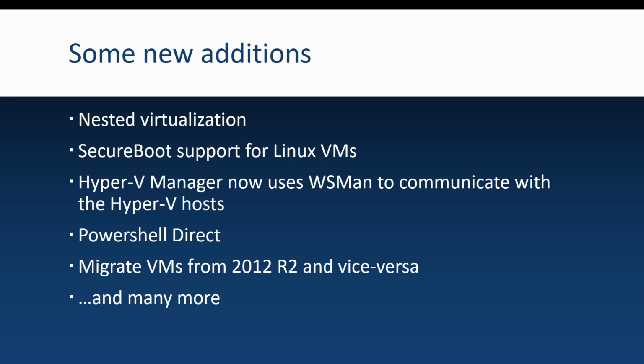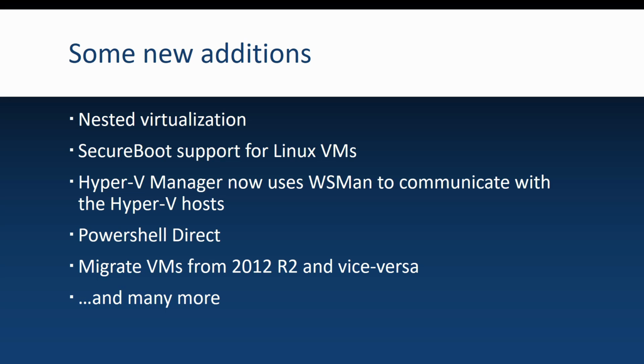Next is PowerShell Direct, and the analogous technology to PowerShell Direct, which I can give you an example of, is the console of Hyper-V. So when you are on a host, you can use the Hyper-V console to see the VM screen and connect to that virtual machine, even though the network, for example, is not configured.